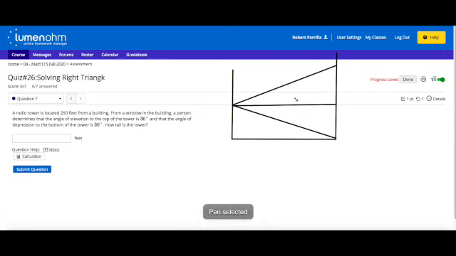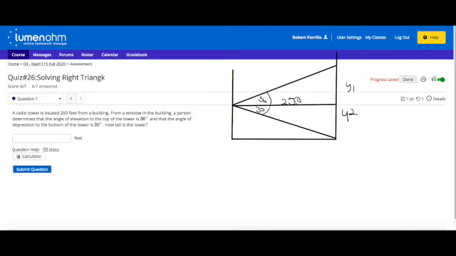I know that this is going to be 250 feet. It's really more important to put it here than anywhere else. Elevation is 36. Depression is 30. Now we're going to do tangent, y1 and y2, opposite over adjacent.